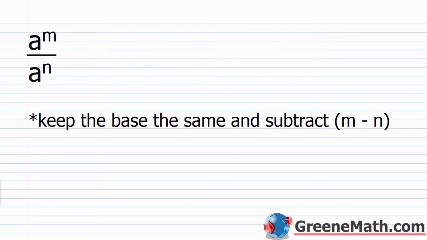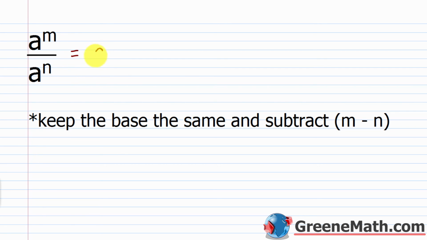So this leads us to the following rule. For any non-zero real number a and any integers m and n, we want to keep the base the same and subtract m minus n. So in other words, if I have the same base here, the same non-zero real number, and they're involved in a division that looks like this, all I need to do is keep the base the same.